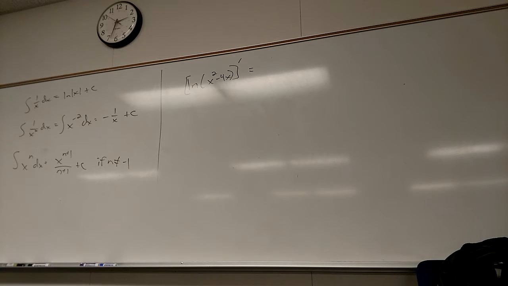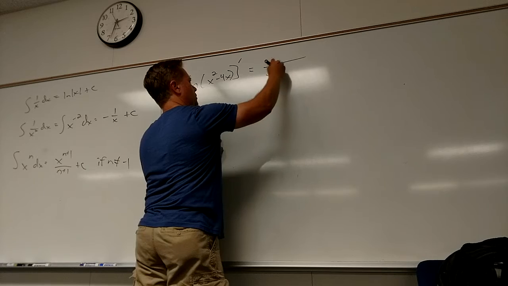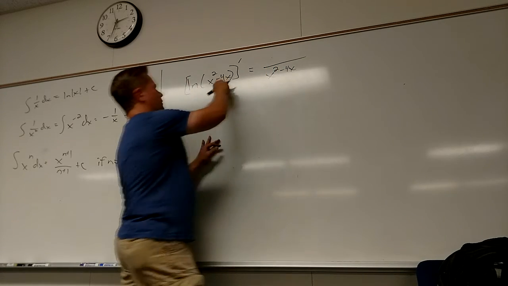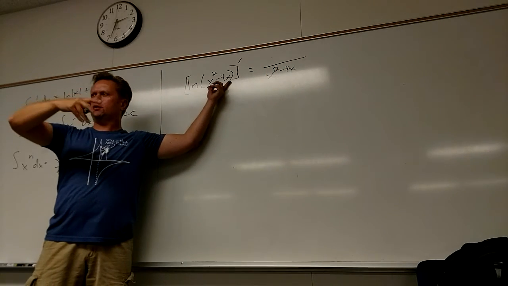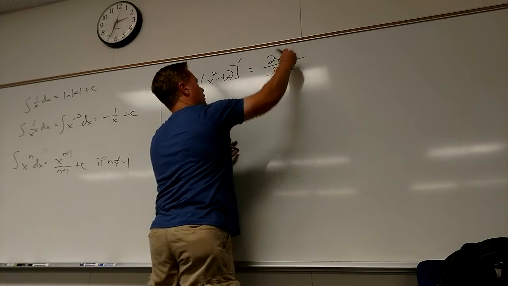Almost. Left off one thing from what I heard. So it'll be 1 over x squared minus 4x, right? Times the derivative of x squared minus 4x, which is 2x minus 4. All right, is everybody cool with that?